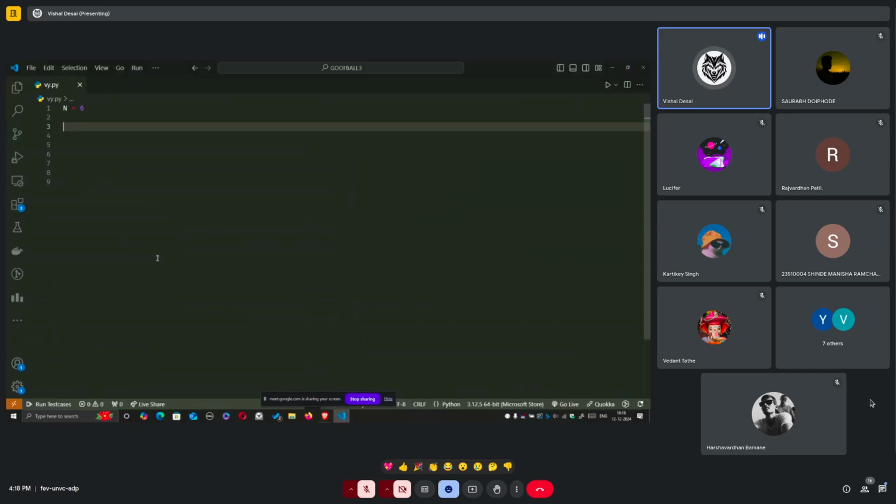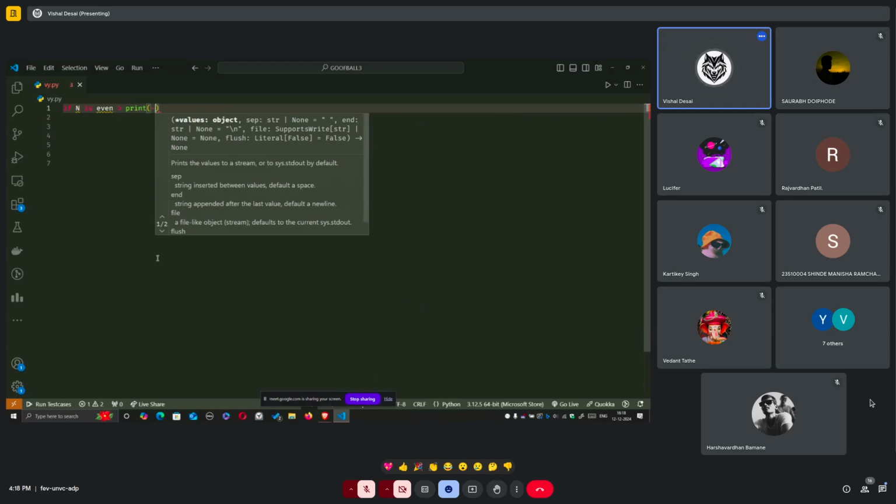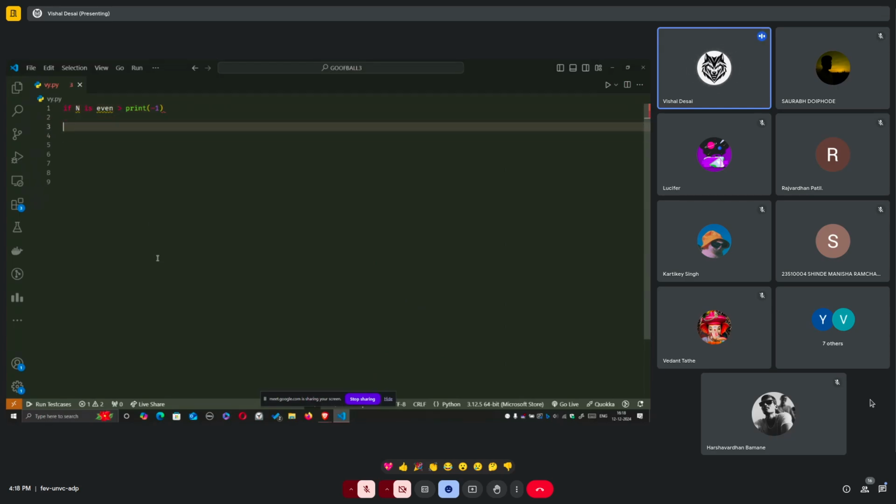So every time for an even number, it will be minus 1. So what we got is, if n is even, then print minus 1. Now the case for odd.